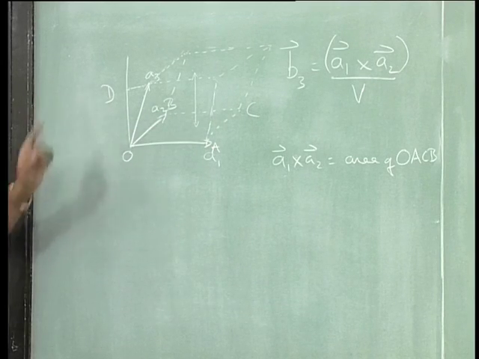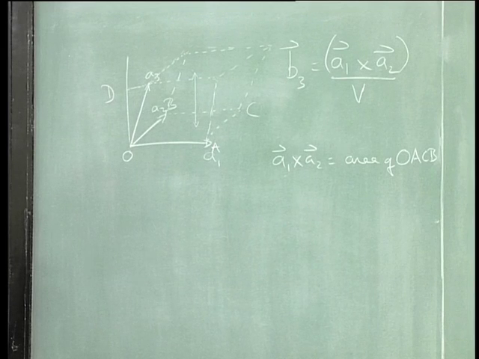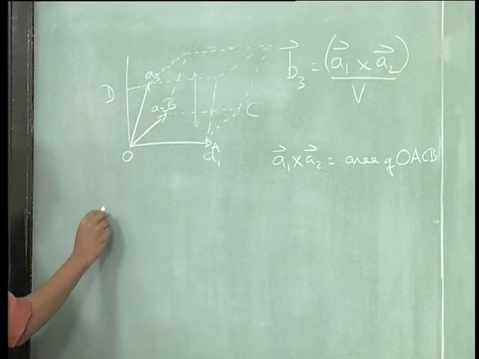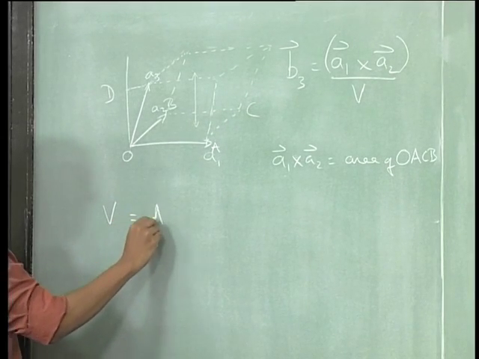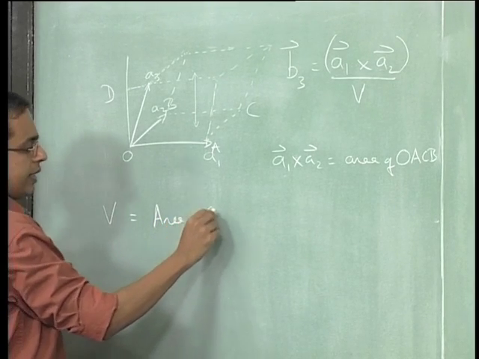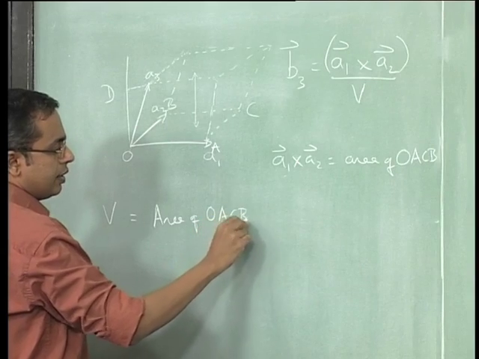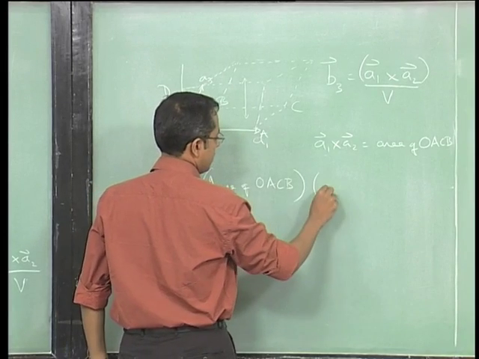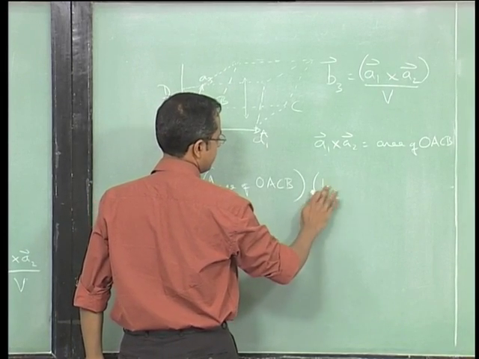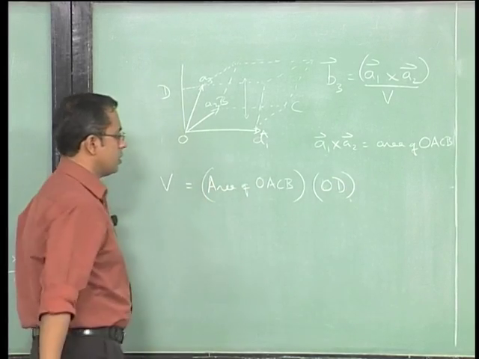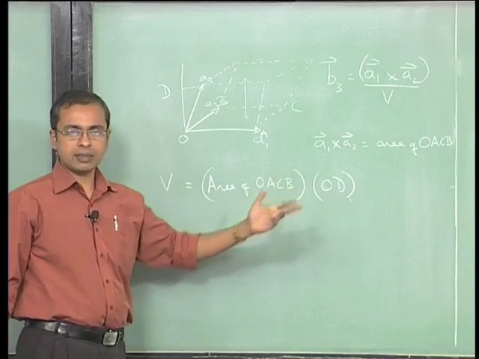So the height is OD. Therefore volume is the area of OACB into the height OD. It is the product of the area times the height, that is the volume.